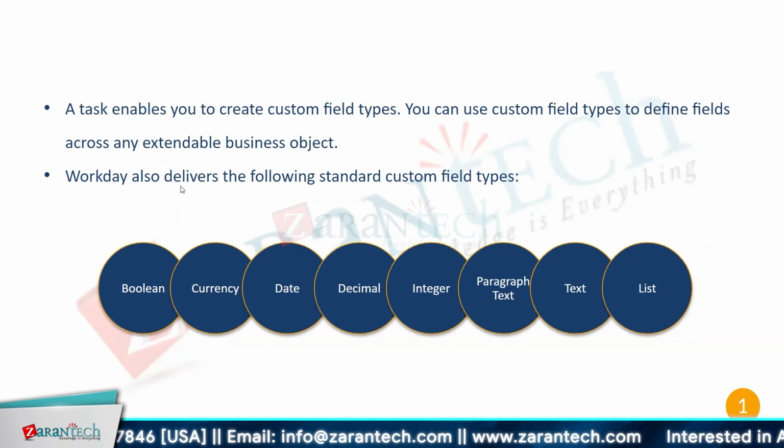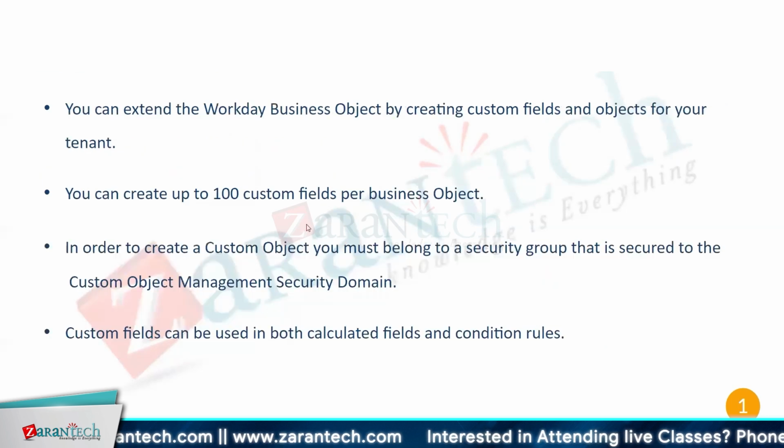So Workday also delivers the following standard custom field types like Boolean, currency, date, decimal, integer, paragraph text, list. So you can create custom fields based on these basic types. So you can extend Workday Business Object by creating custom fields and objects for your own tenant.